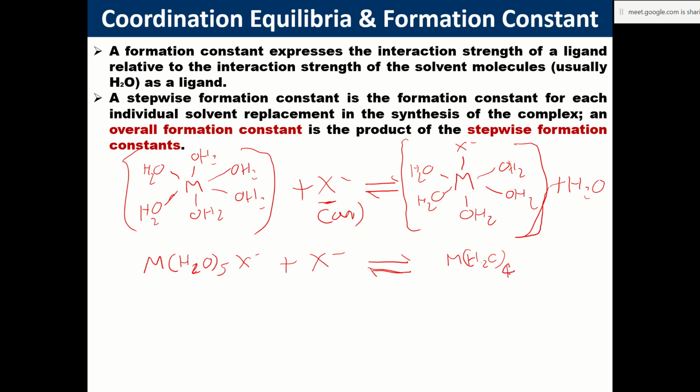And so in a stepwise manner you can go on indicating. Suppose we have not yet indicated the charge here, Mn+ and X minus, so here it will be n minus 1 and so on. So you can think of it in this manner.